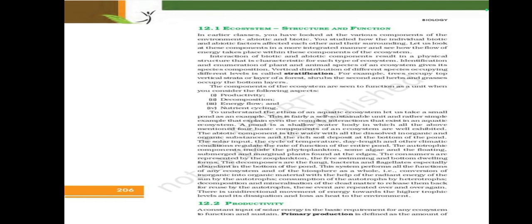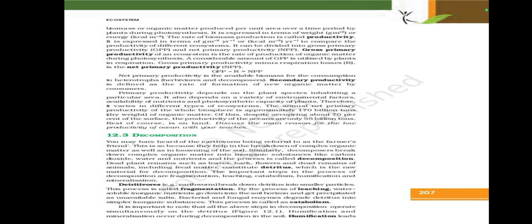12.2 productivity. A constant input of solar energy is the basic requirement for any ecosystem to function and sustain. Primary production is defined as the amount of biomass or organic matter produced per unit area over a time period by plants during photosynthesis.